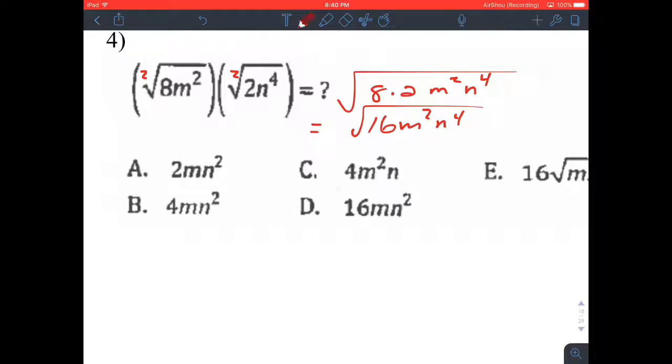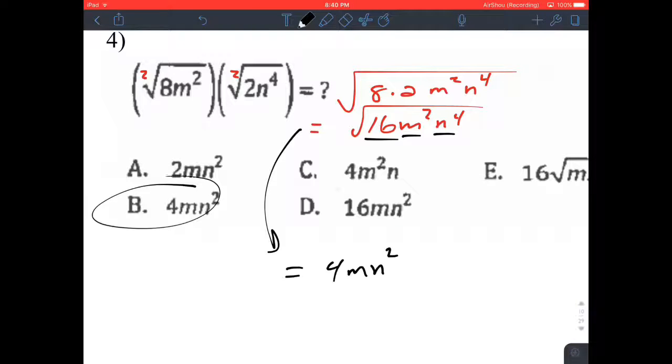Well, the square root of 16 is 4. Square root of m squared. What letter times itself gives you m squared? It's m. The square root of n to the 4th. What letter times itself gives you n to the 4th? Well, that's n squared. So we got 4mn squared, which is answer B. We are cooking now.